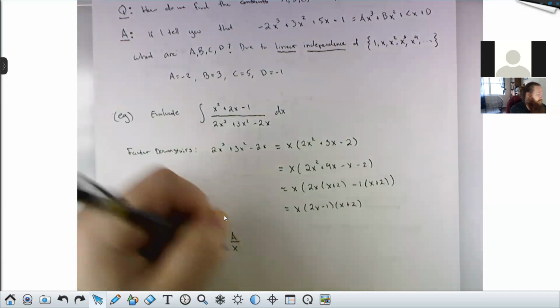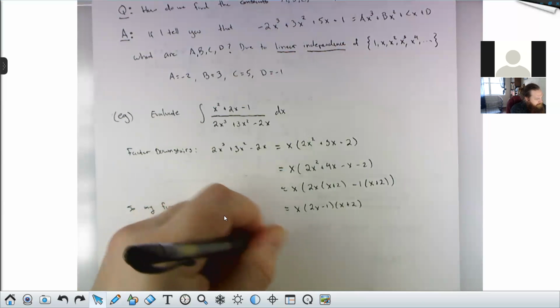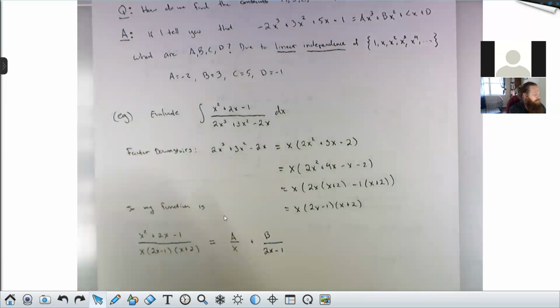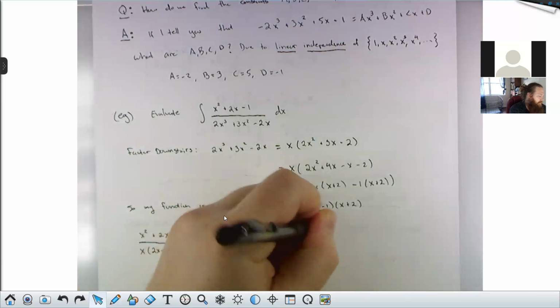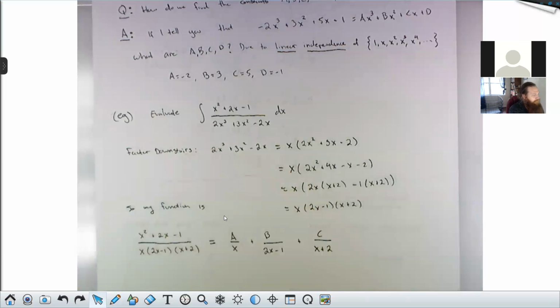Here's the term that comes from the factor of x. Here's the term that comes from the factor of 2x minus 1. Here's the term that comes from the factor of x plus 2.